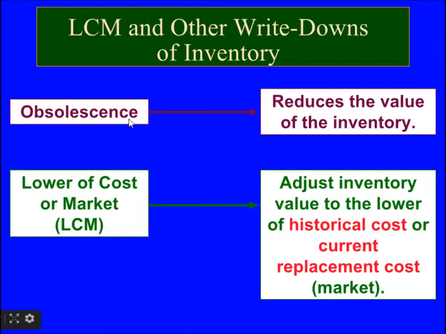So either you reduce the value of the product and the sale price of the product, or you just write down the inventory. The other method used is lower of cost or market, that is, adjust inventory value to the lower of historical cost or current replacement cost or current market rate.